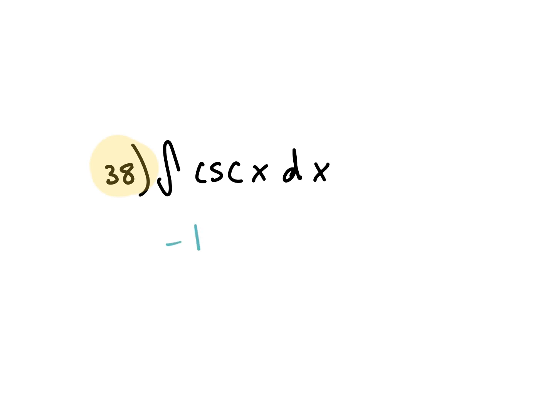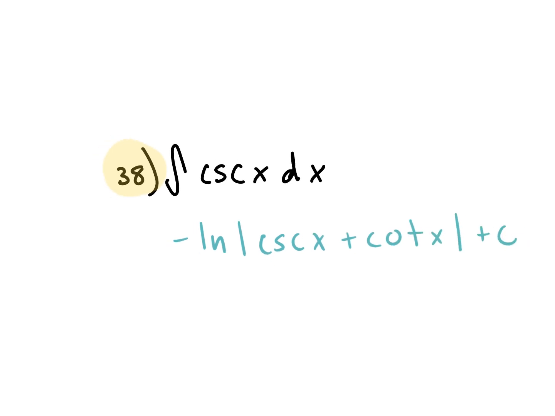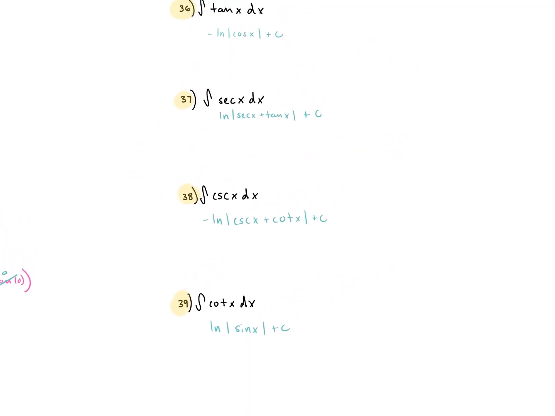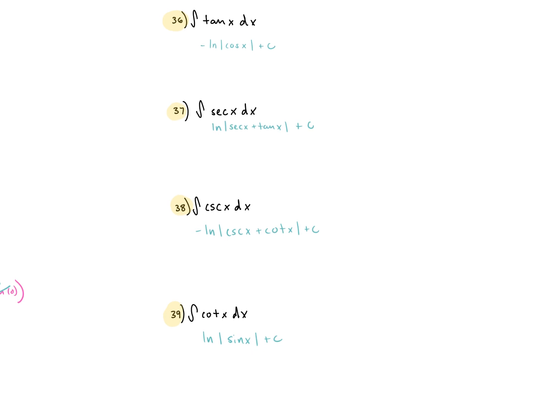This would be negative ln of the absolute value of cosecant x plus cotangent x plus c. Then 39 cotangent is the ln of sine of x plus c. So make sure you know these. You also need to know sine and cosine. So know your derivatives, know your integrals.